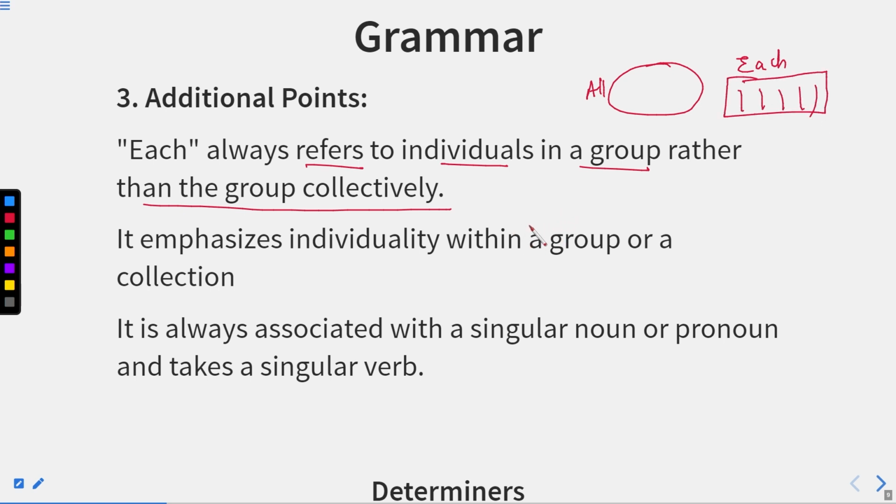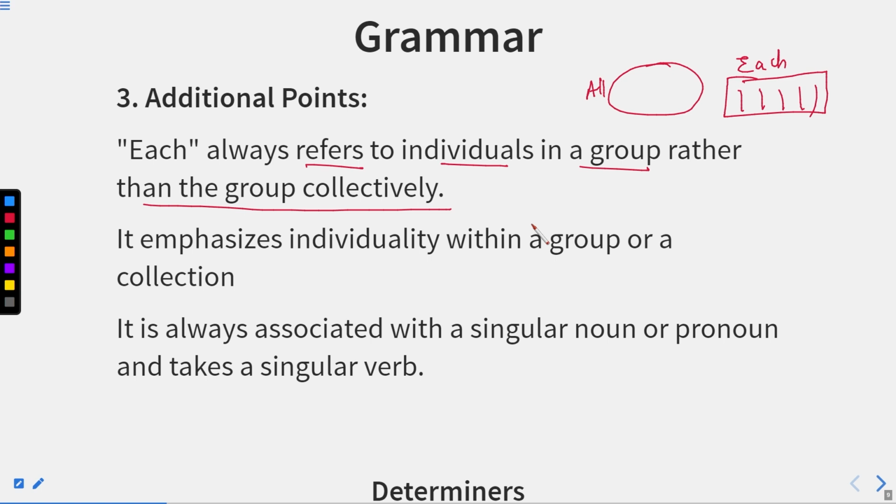If I say all the students are good, it means I'm talking about all the students, in a specific sense. I'm talking about the particular group or the entire group. But if I say each and every student of this group is good or is intelligent, now it means I'm focusing on each and every student, the single student as well.